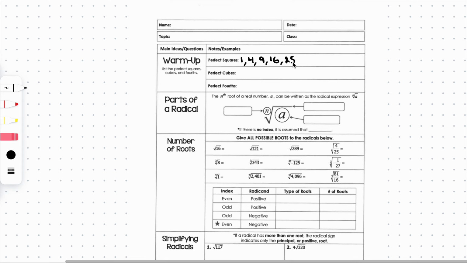We have 25. And we can keep on going. Okay. So this is 8 squared is 64. 9 squared, 10 squared. And we can keep on going. Okay, I'm just going to stop there.